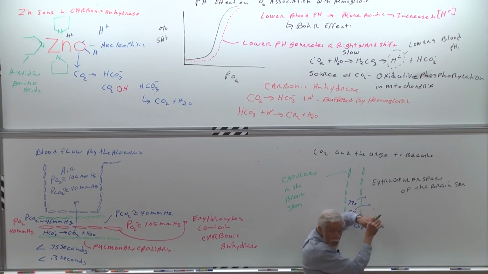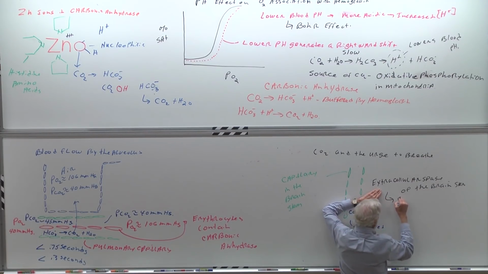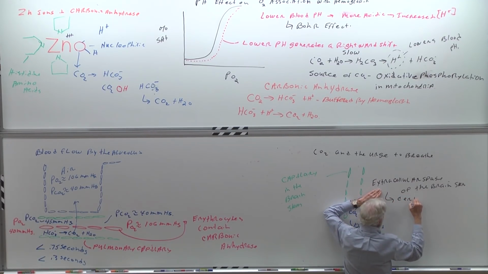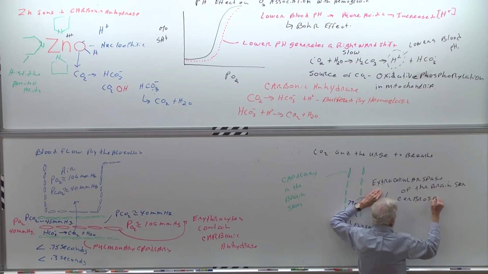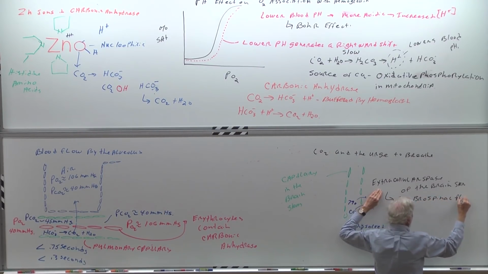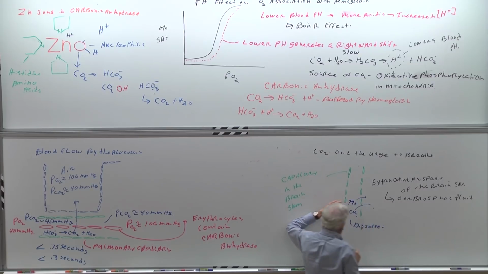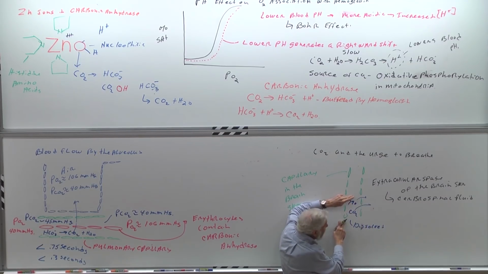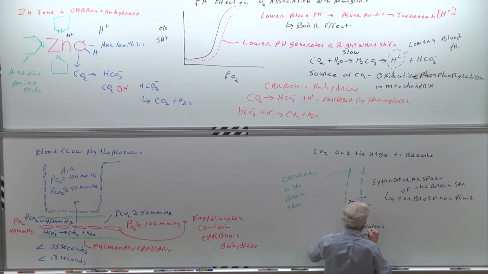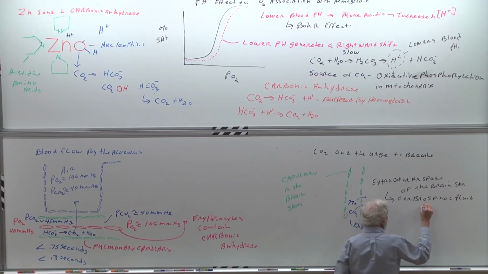Now, the extracellular space contains something known as cerebrospinal fluid. And when some of the carbon dioxide, small amounts, diffuses out across the capillary, now we have CO2 in the cerebrospinal fluid.